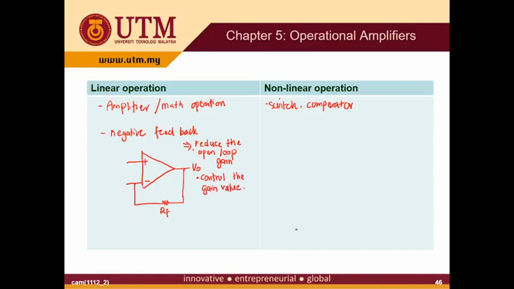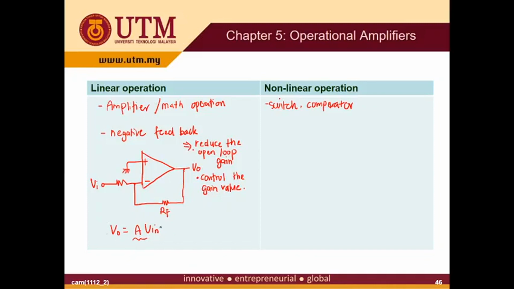Let's say this is your V in, and this is the ground, so that your V in and V out will have a relationship of V out equal to A times V in. This A is not infinite; the gain will have a certain value.